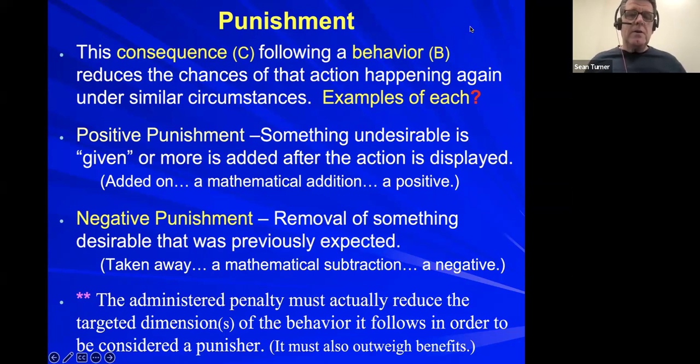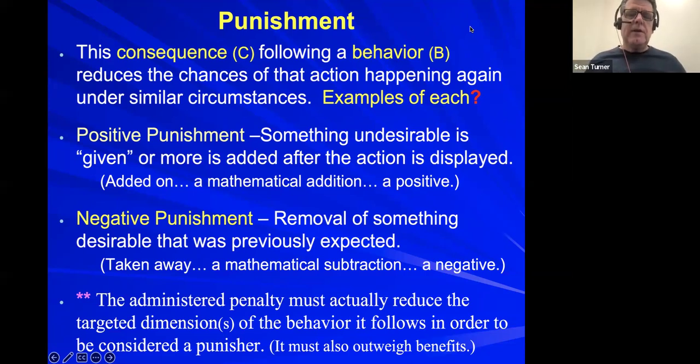But let's avoid that term. What do we mean in our terminology? So there's a positive punishment that doesn't mean it's necessarily good, and a negative punishment doesn't necessarily mean it's bad. We're not using those terms. Positive means to gain, negative means to take away, from a scientific point of view, if you would.